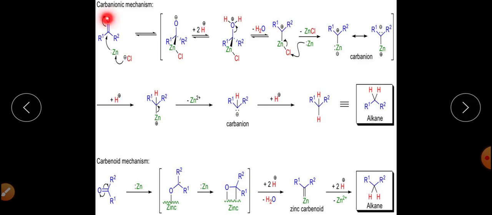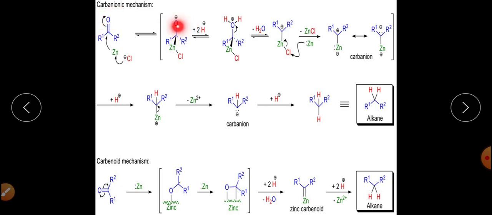So first is the carbanionic mechanism, in which the role is of zinc, and the first step starts from the reaction of zinc with the carbonyl carbon. When this zinc reacts with the carbonyl carbon, electrons will be transferred from the C double bond O to form O negative.